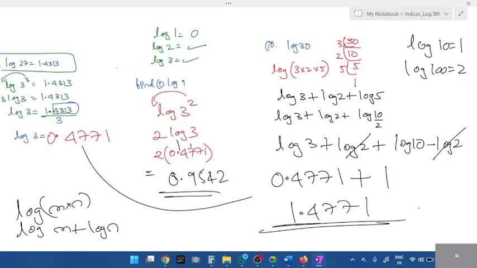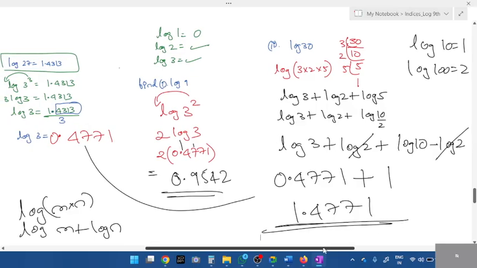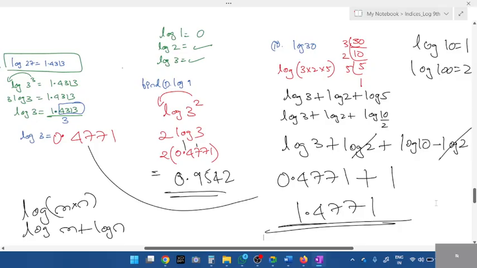Complete it after this. After this we'll solve one median question. This chapter is done.